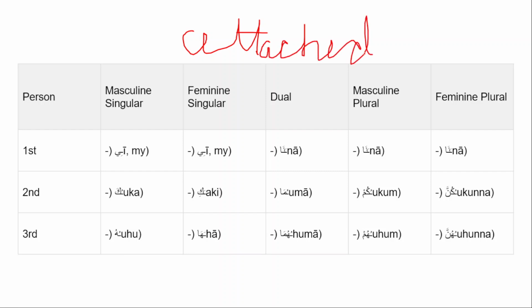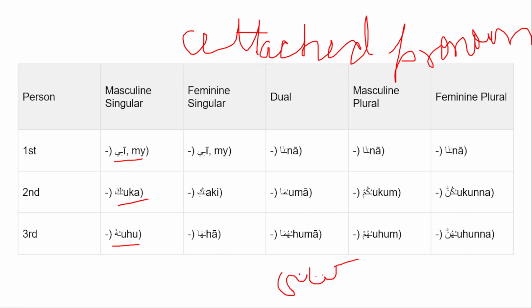In the attached pronoun you have these examples: ya, which refers to my, ka means second person, and hu means third person. For example, kitabi.